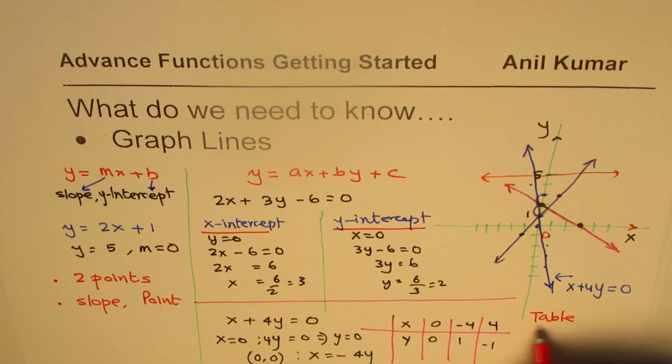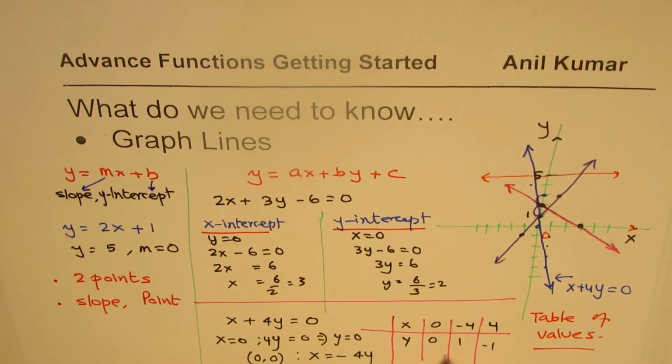Let's just create a table of values to find a few points and then sketch the line. Well, this is a very general method which could be adopted for any graph for that matter, correct? So any equation given to you, you can find a few points, connect them with the required kind of a curve structure as required by the function, and then you can get the graph of that particular equation.